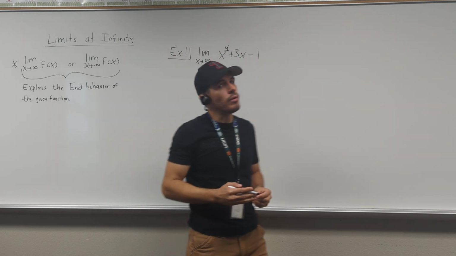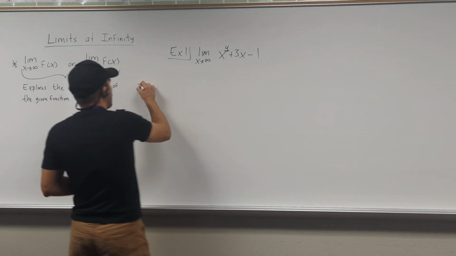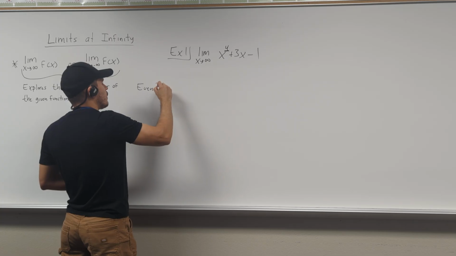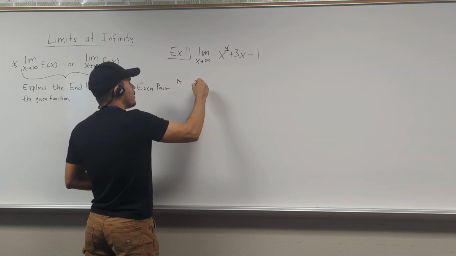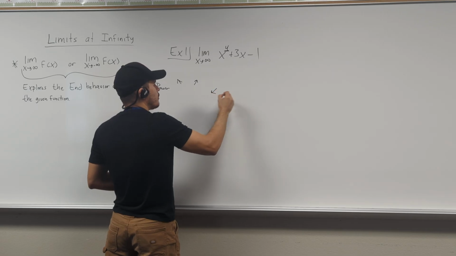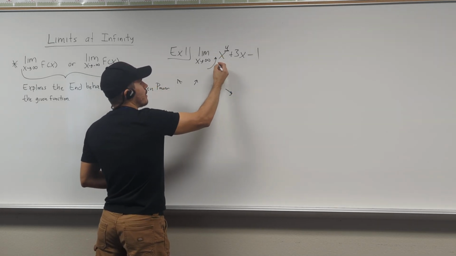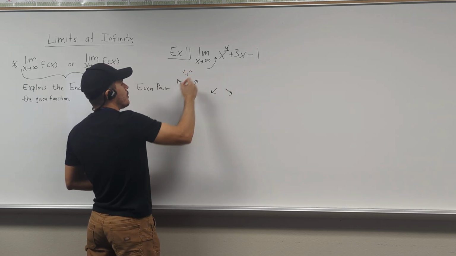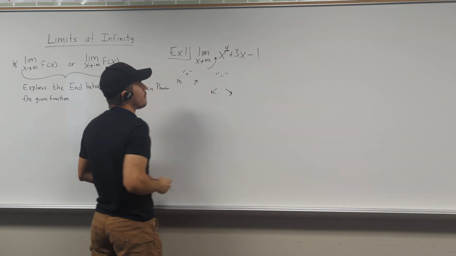For polynomials, if you had an even power, your end behavior would either be going up in both directions or down in both directions. That depended on whatever was at the front, whether it's positive or negative. If it was positive, you would be going up in both directions, and if it was negative, you would be going down in both directions.